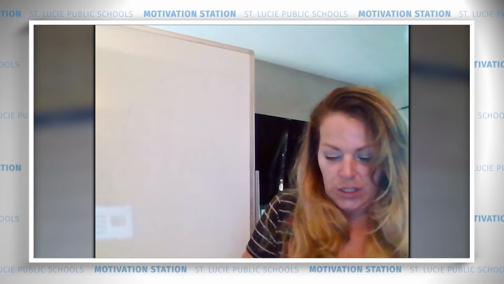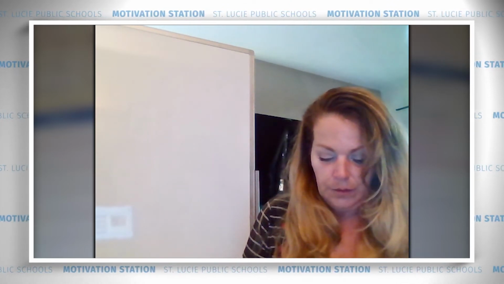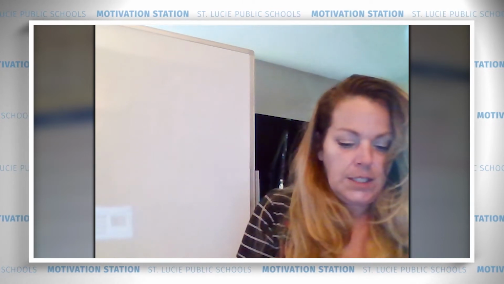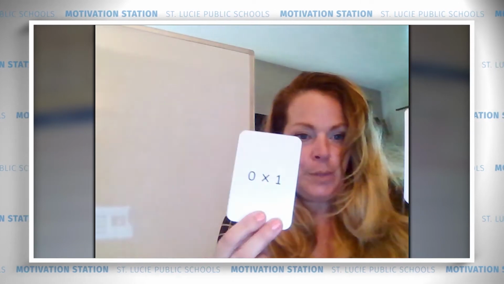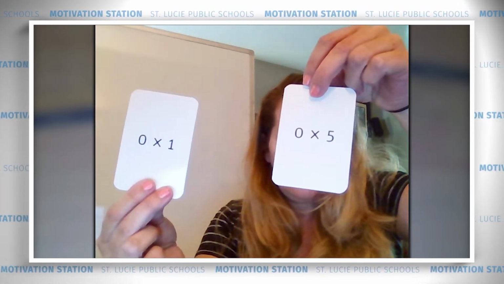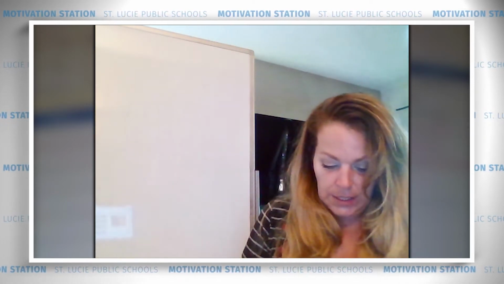So you can see there's a player A and a player B there. So each player turns over a card. So almost like war. So you flip them over. Boom, player A, player B.